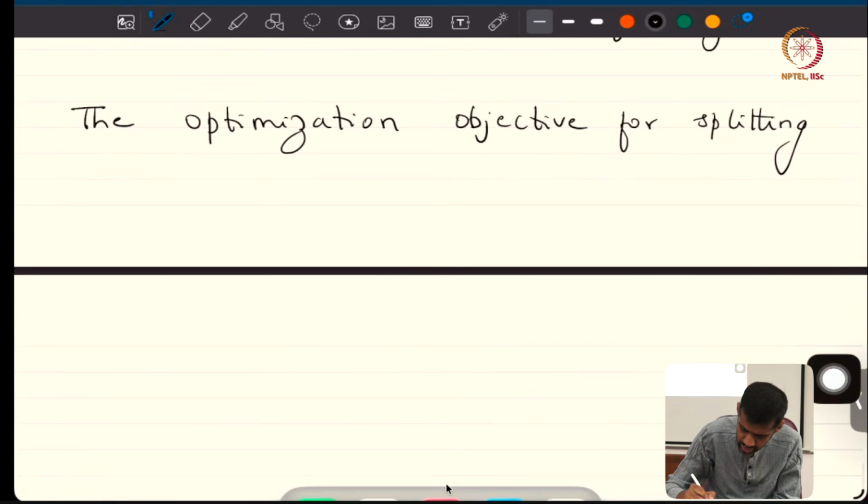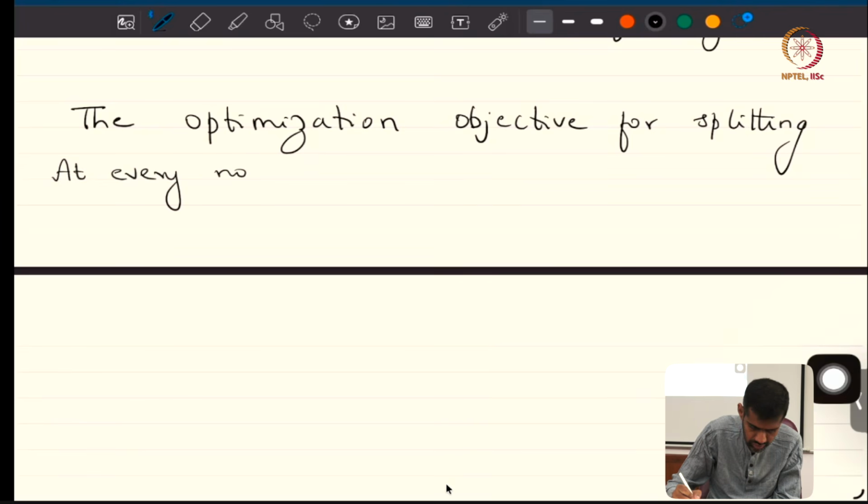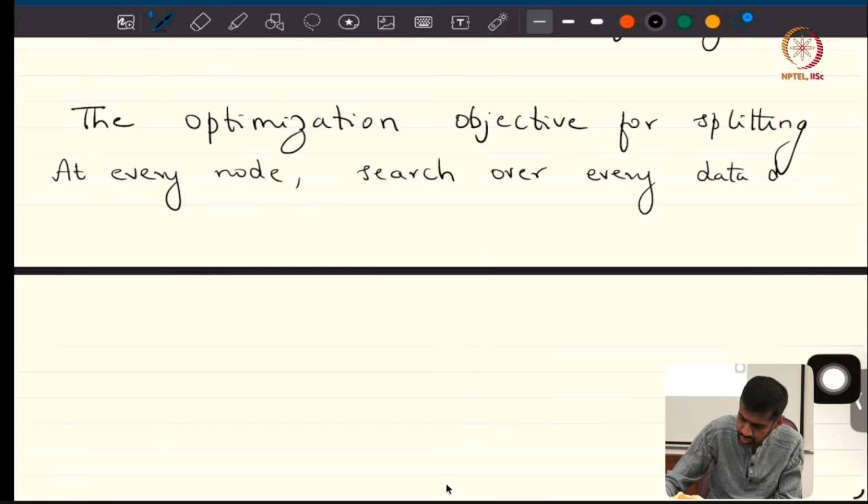So at every node, search over every feature, every data dimension and threshold which is represented as a pair j comma t, right?